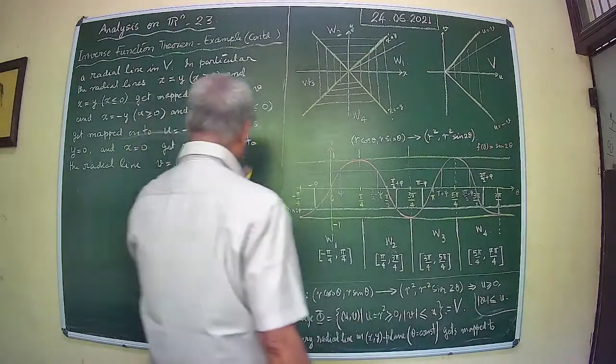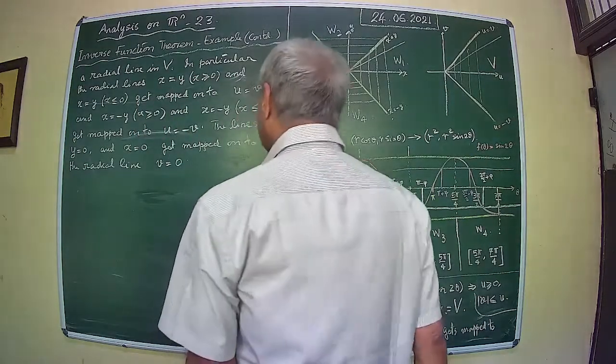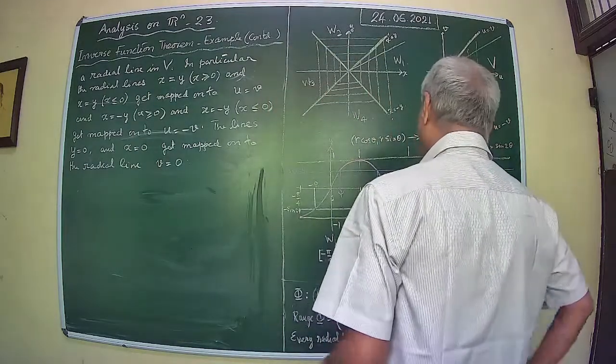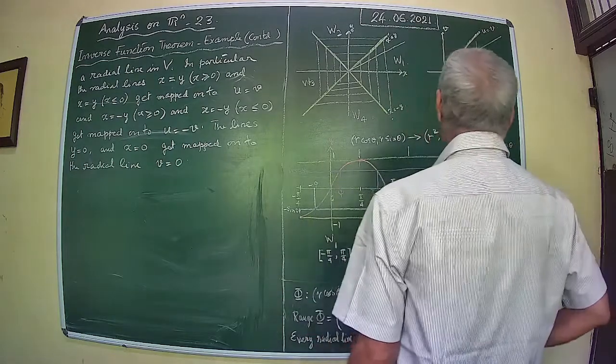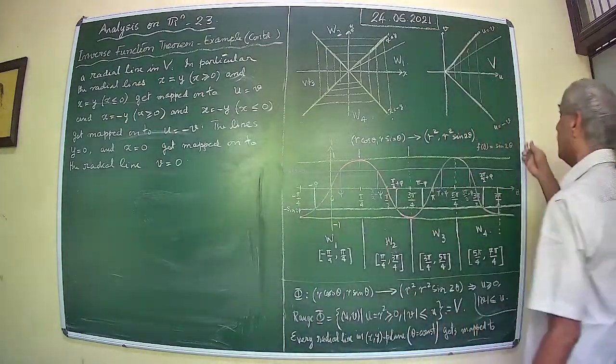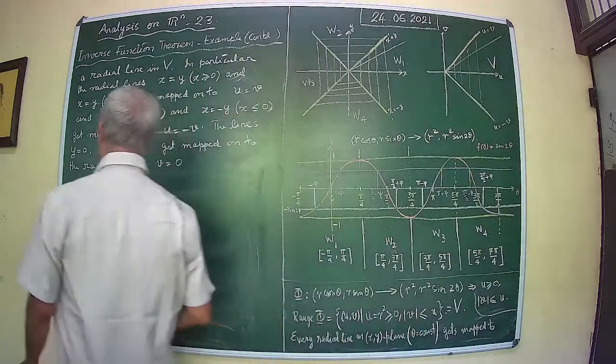So that's important information. Now, how do we find out the image of a point in V in the xy plane? So, how to?